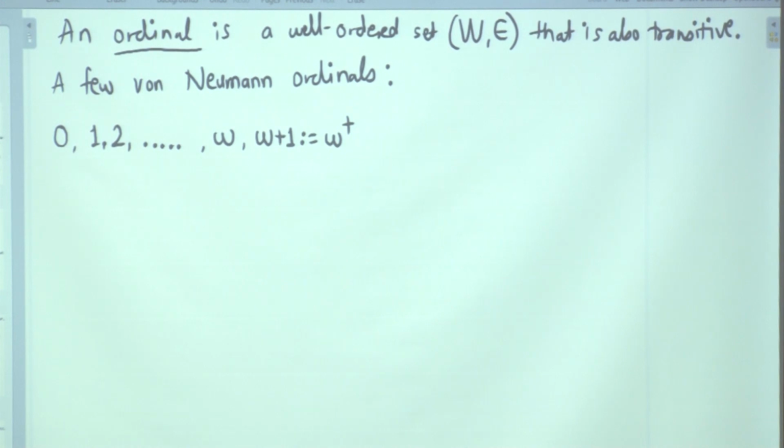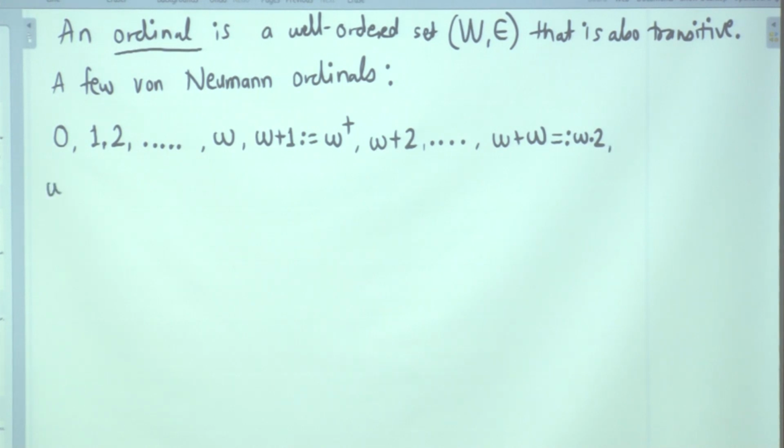It takes some time to prove this. We'll do that in a moment. But yes, omega plus 1 is also an ordinal. Omega plus 2, which is omega plus plus, is also an ordinal, and whenever you say dot dot dot, then ultimately omega plus omega, which is defined to be omega dot 2, is also an ordinal.